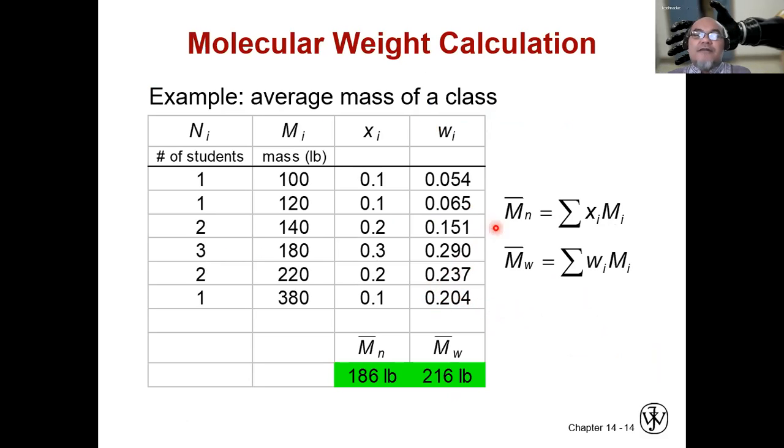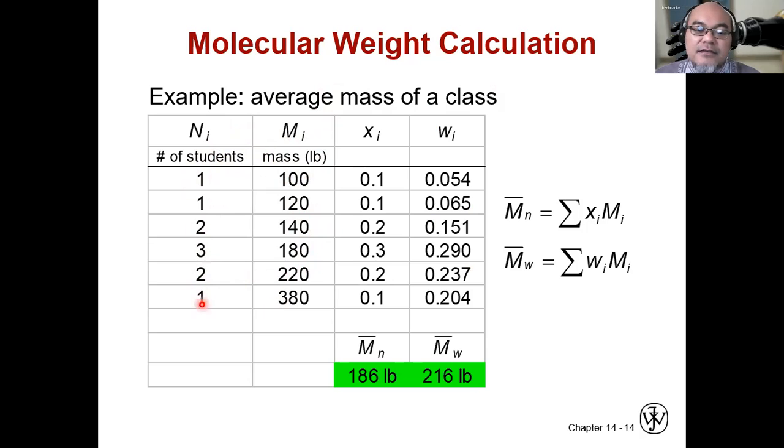The calculation of the average mass of a class is an example to understand the molecular weight calculation better. For example, how many of the students have 100 pounds of mass? We have 1. How many students have 220 pounds? 2.